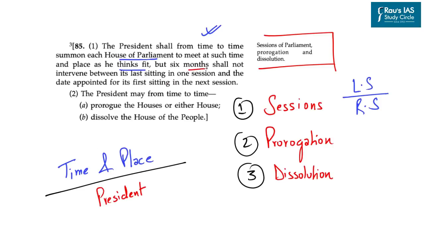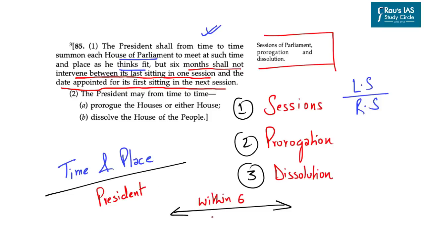However, 6 months shall not intervene between its last sitting in one session and the date appointed for its first sitting in the next session. Basically, two sessions of the parliament must be held within 6 months. And apart from this condition, there is no other condition prescribed under Article 85 for holding the sessions of parliament.